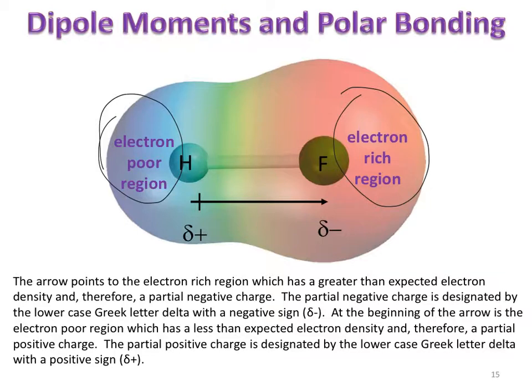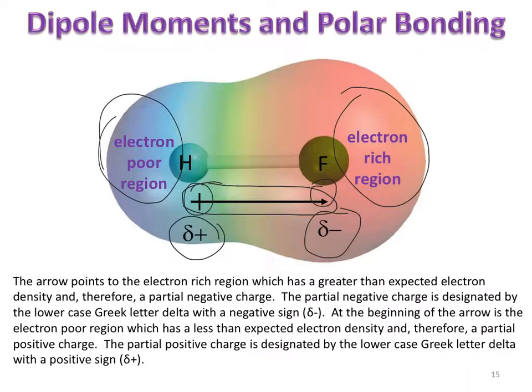This creates a separation, or is created by a separation of charge, and we designate that separation of charge by using partial positive and partial negative designations with the delta symbol, or we use an arrow with the positive at the electron poor region and the arrowhead at the electron rich region.